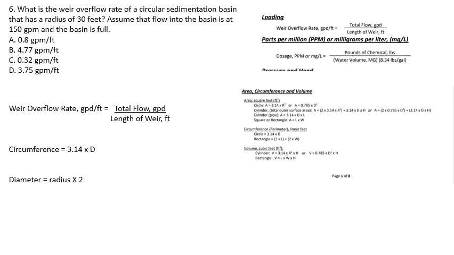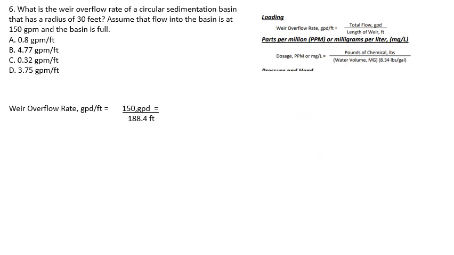To get the diameter, the radius times 2 equals diameter. 30 times 2 gives us 60. 60 times 3.14 gives us 188.4. 150 gallons per minute divided by the length of the Weir, 188.4, gives you an overflow rate of 0.796 gallons per minute per foot.